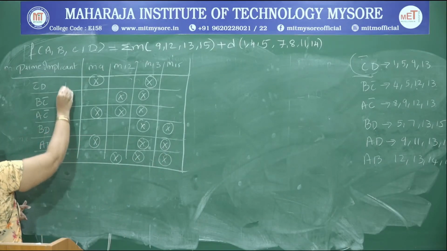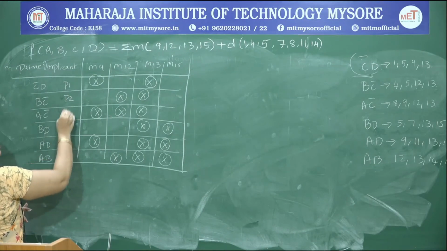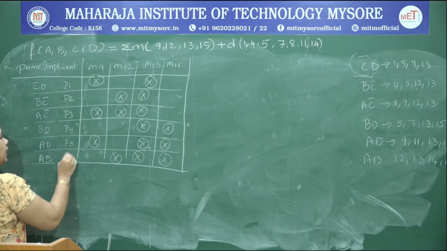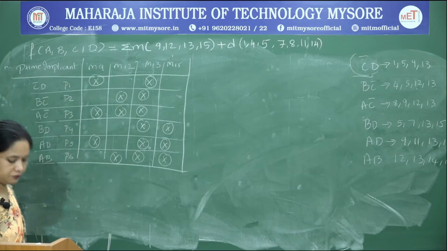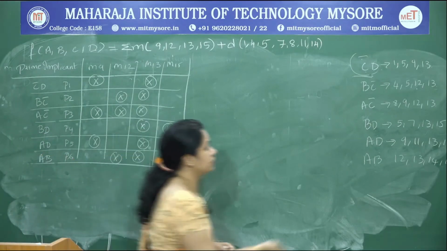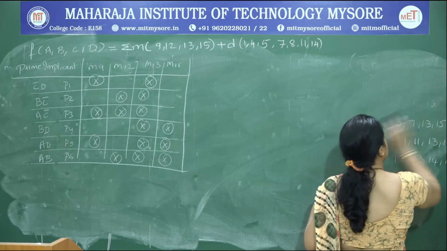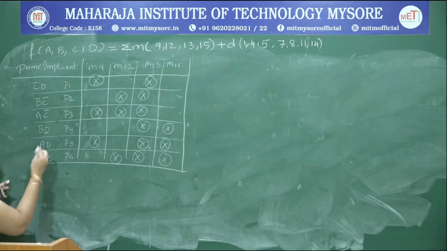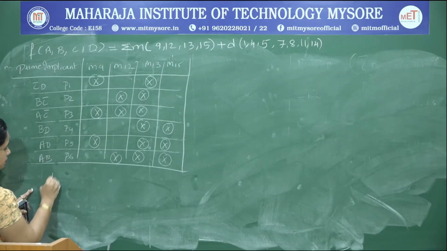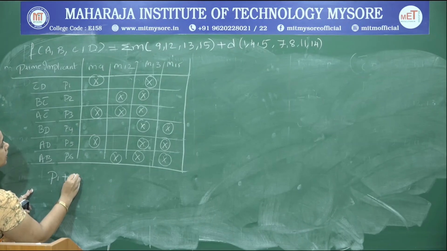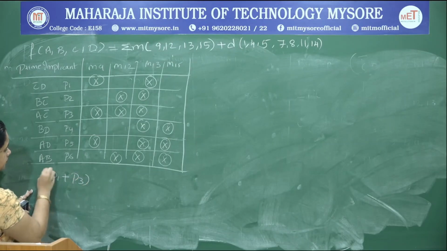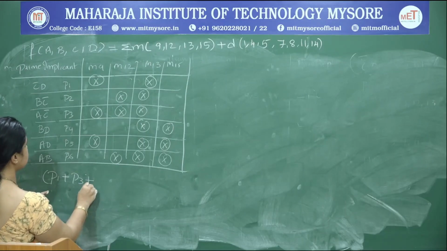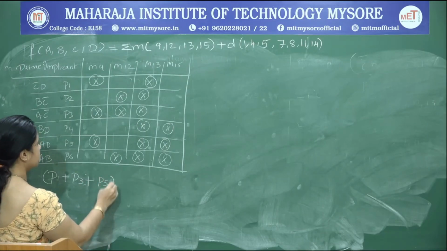Now we will designate these as P1, P2, P3, P4, P5 and P6, and column-wise we will write the expression for each min term. So the first column we end up getting P1 plus P3, P1 plus P3 plus P5.